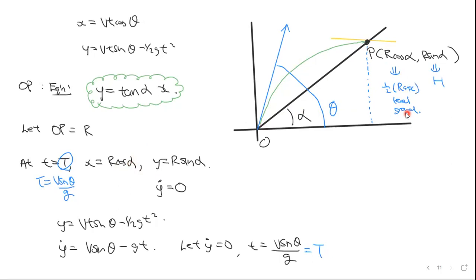So in other words, we also have the expression that r cos alpha must equal v squared sine 2 theta over g divided by 2.